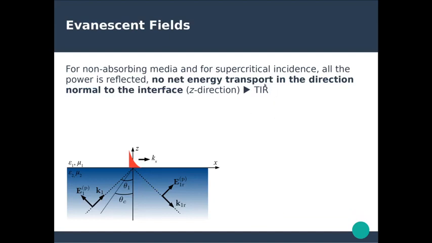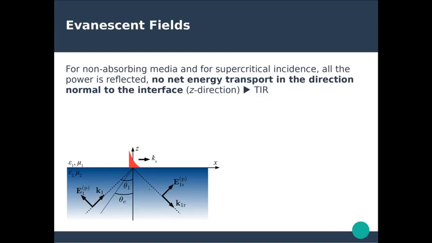This is the principle, for instance, of optical waveguides. If you have optical waveguides, such as optical fibers, this is the principle on which they work. We're going to discuss optical waveguides, photonic waveguides and plasmonic waveguides later on during this course, but optical waveguides work on this principle of total internal reflection.